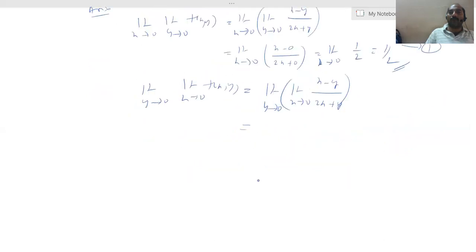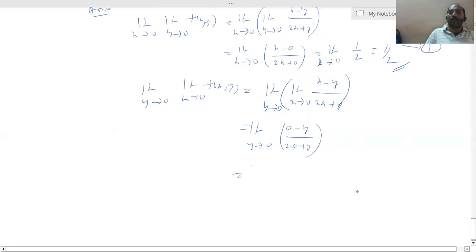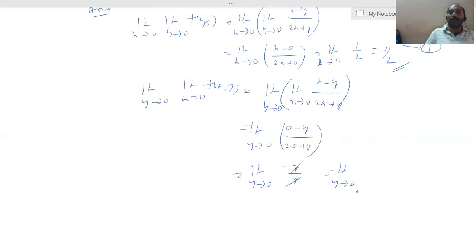We get limit y tends to 0, substituting x value 0, (0 minus y) by (2 into 0 plus y). Now what happened? Limit y tends to 0, minus y by plus y. That means limit y tends to 0, minus 1, equal to minus 1.